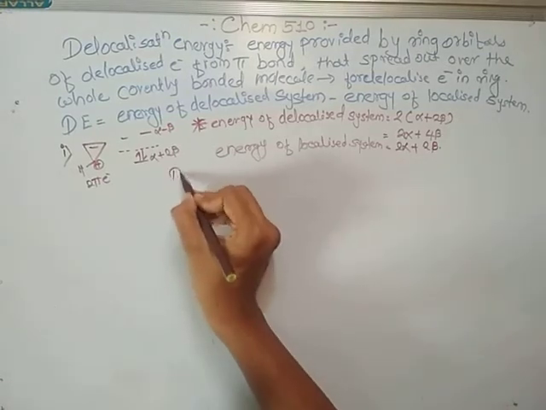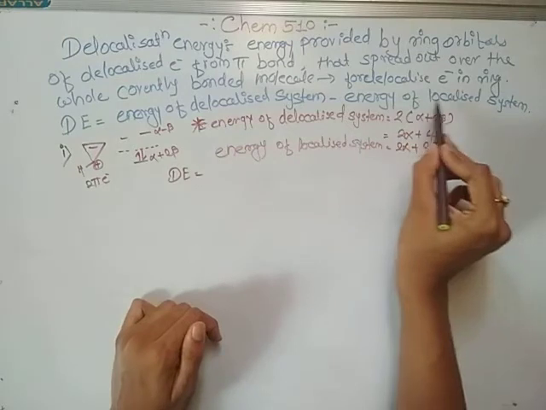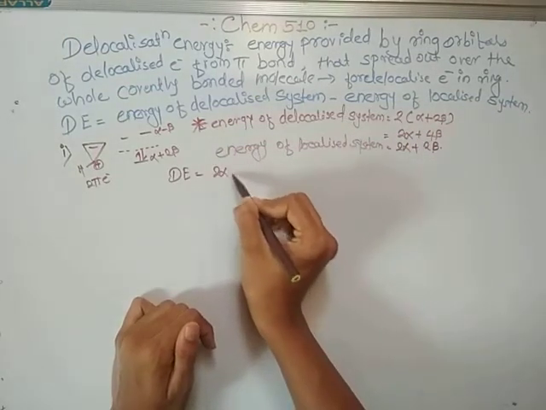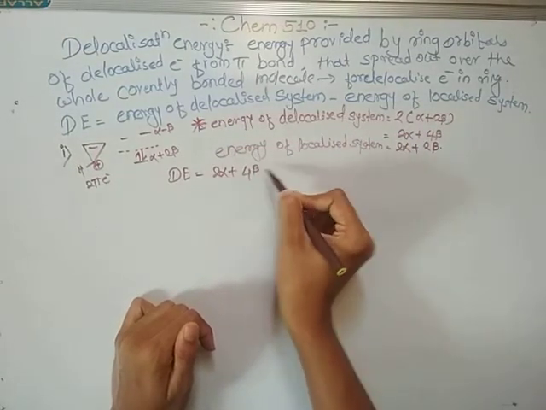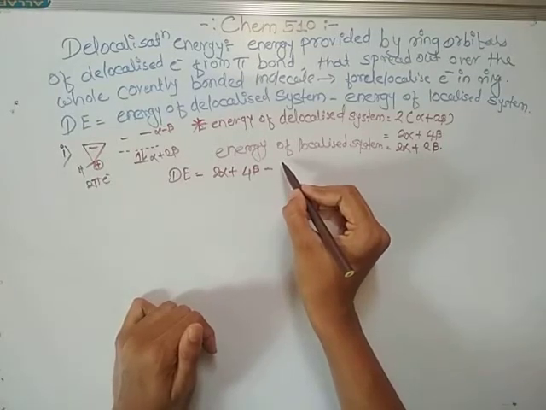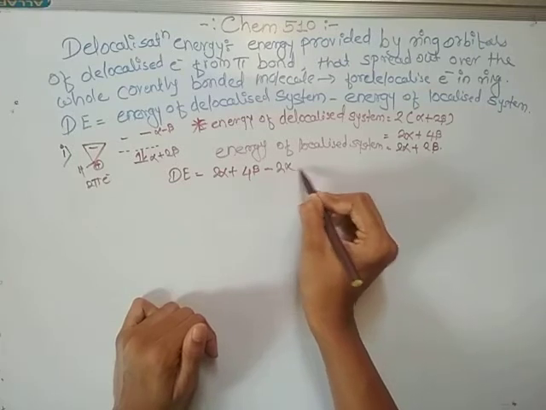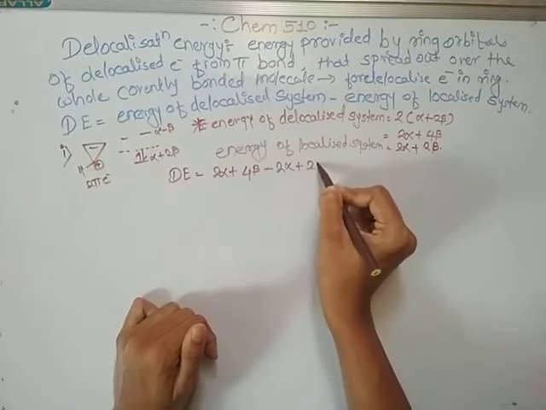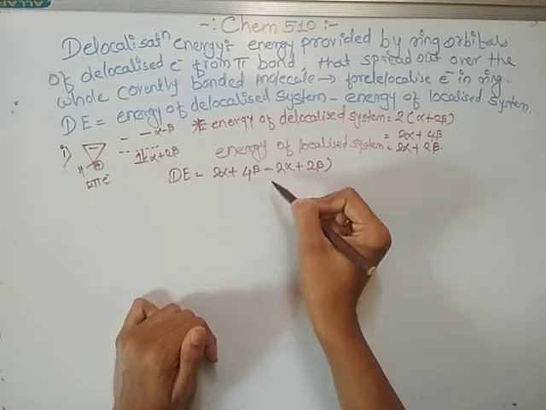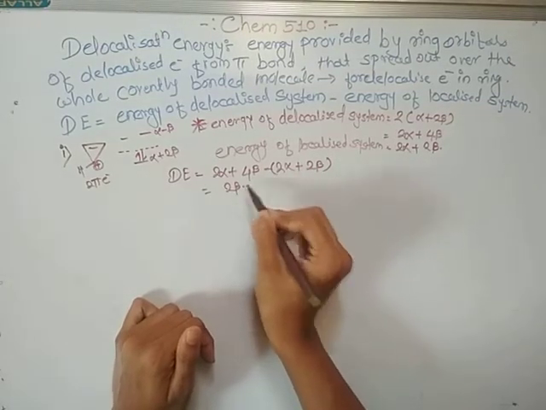So dE is equal to energy of delocalized system minus energy of localized system, 2 alpha plus 4 beta minus 2 alpha plus 2 beta is equal to 2 beta.